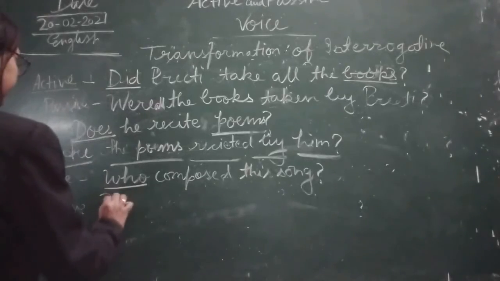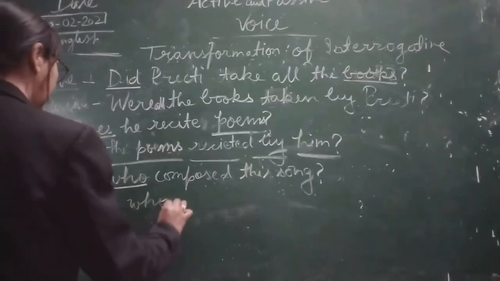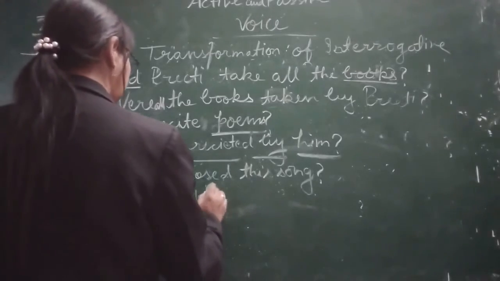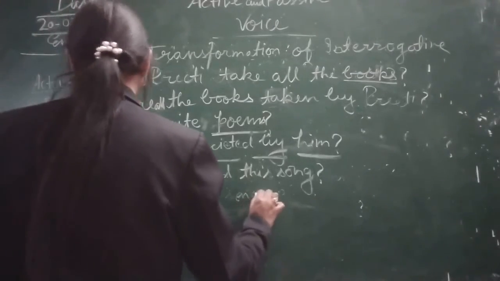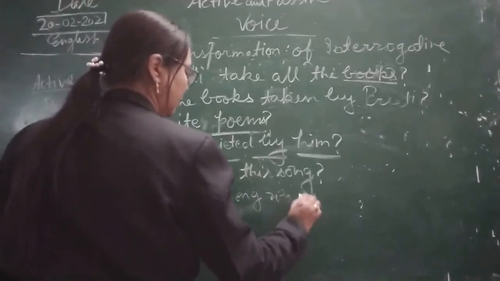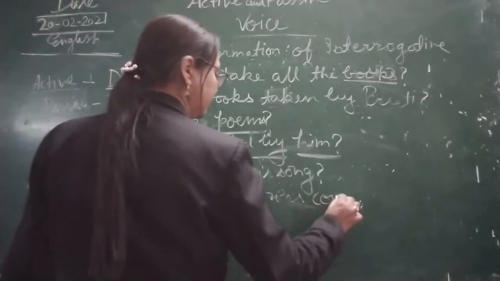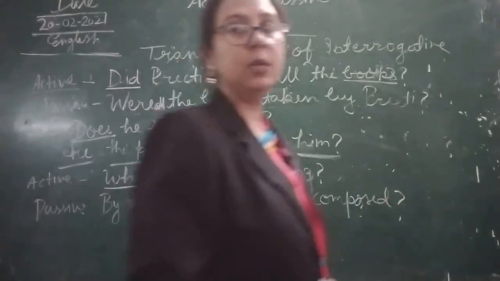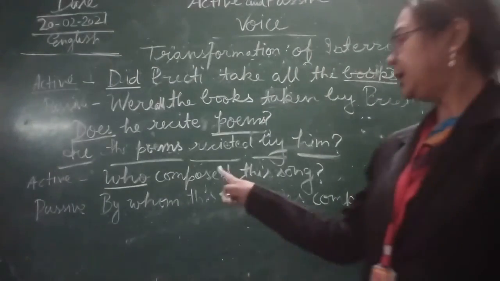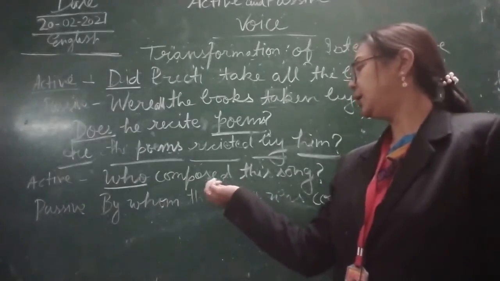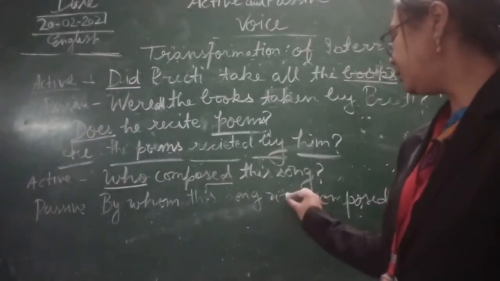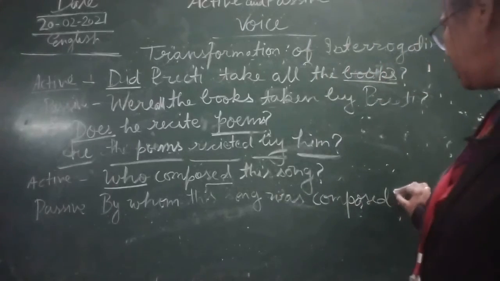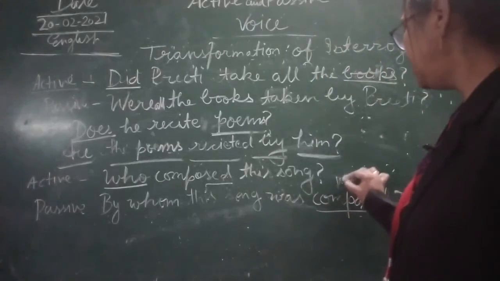By whom this song was composed. Because this sentence is written in past tense, composed is there, that is why we have to write was. By whom this song was composed. Third form we are using, past participle.